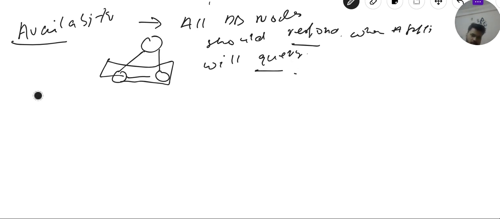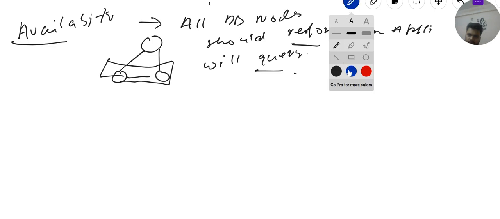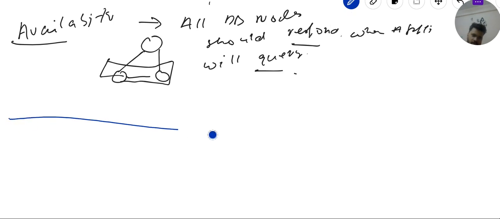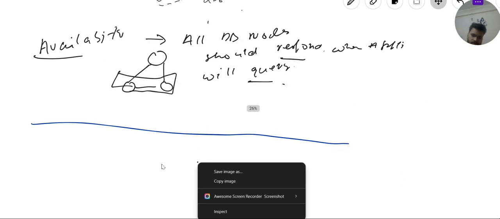Okay. Now the last and the most tough, or I will say the most difficult thing to understand, but I will make it easy, don't worry. The last but the most difficult thing to understand was the partition tolerance.